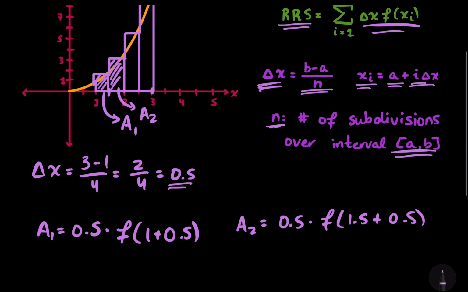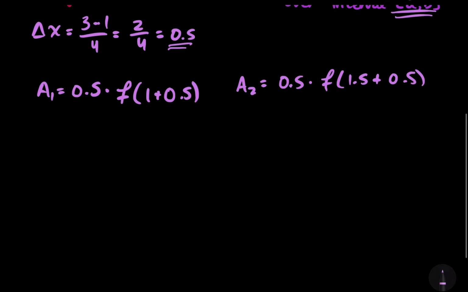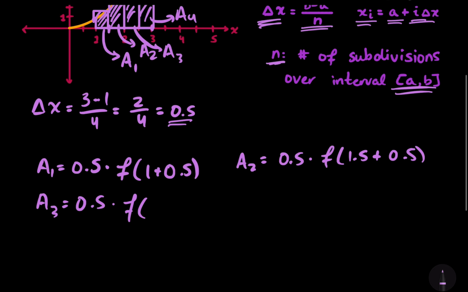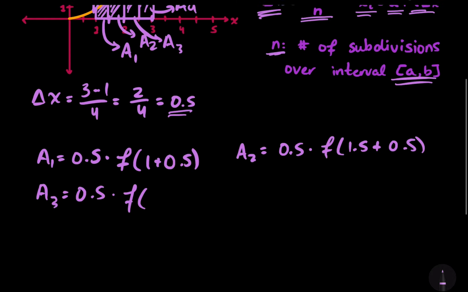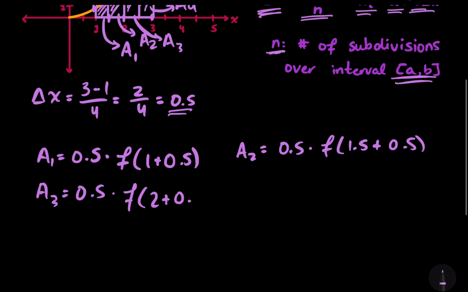And then we can do that for A3 as well and A4. So let me just go through this very quickly. This would be A3, this would be A4. A3 would be 0.5, the base, times f of the left-hand side of our subdivision plus our increment, so 2 plus 0.5. And then the same idea applies to A4. So it would be 0.5 times f of 2.5 plus 0.5. And that would be your total area.